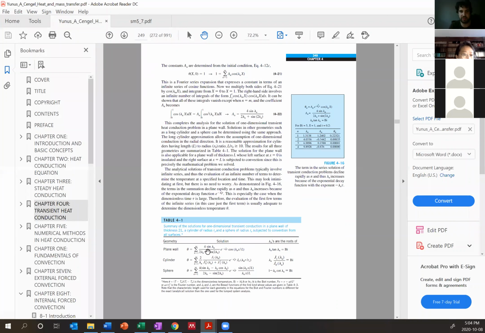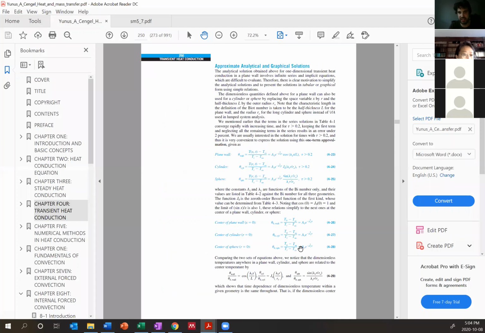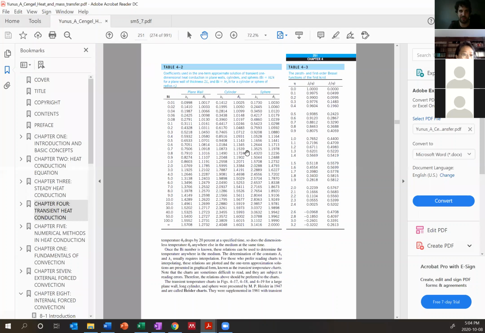These are just what you use when you're trying to find your center line temperature. I wish I could give you a more detailed explanation, but these are the coefficients used for the one-term approximation of transient one-dimensional heat conduction.